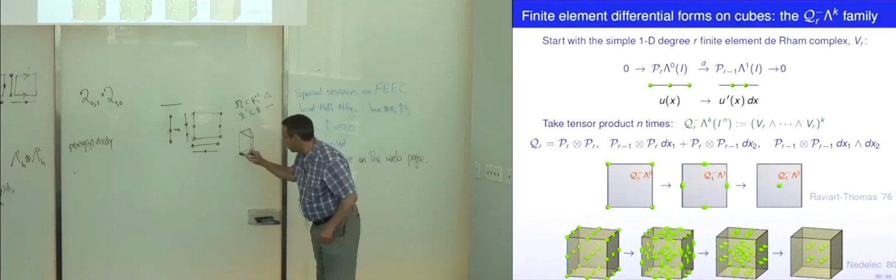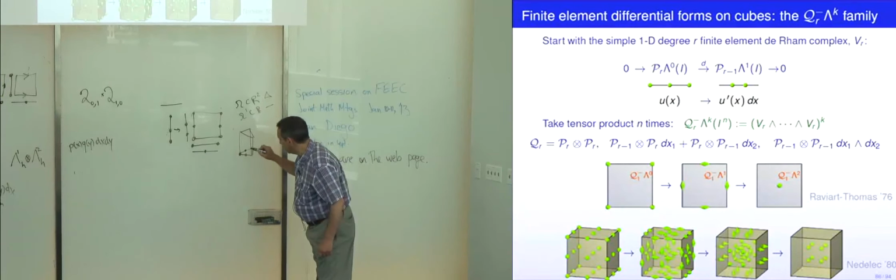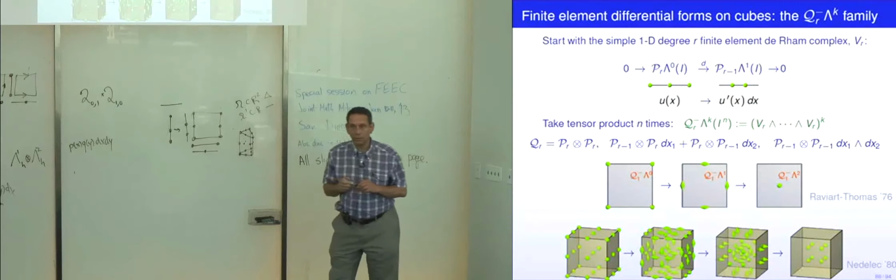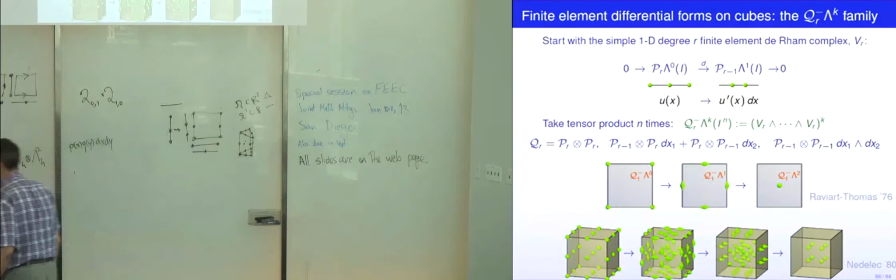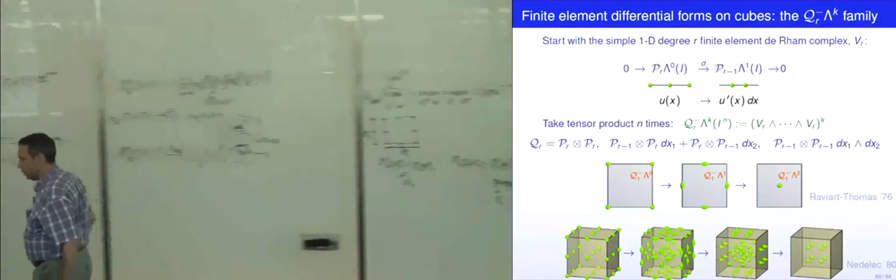Like that, and things like this, and so forth. So prism elements come out of this. So that's pretty fully understood.